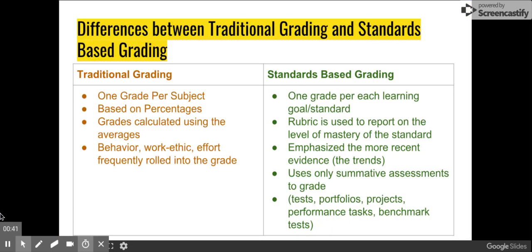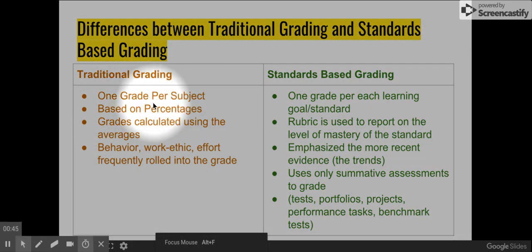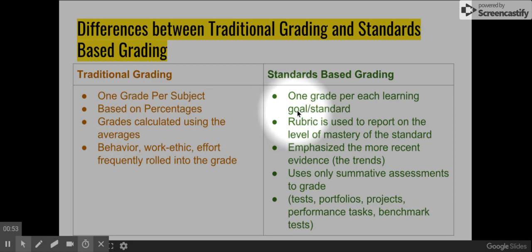In the traditional grading system, a teacher would base grades on percentages, calculating them using an average. In a standards-based grading system, we're going to use a 4-level rubric and emphasize what's happening more recently in the quarter.